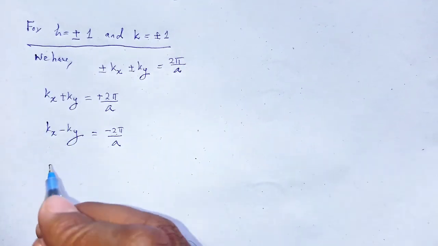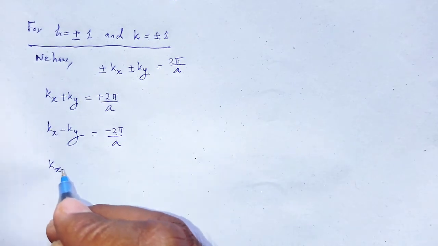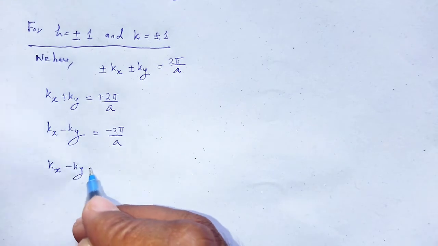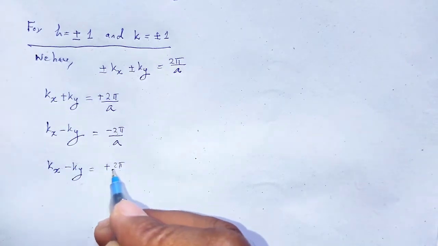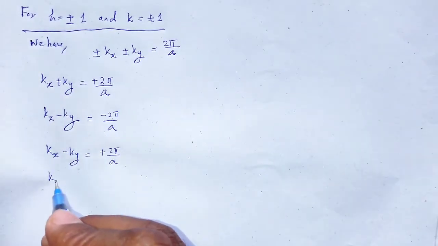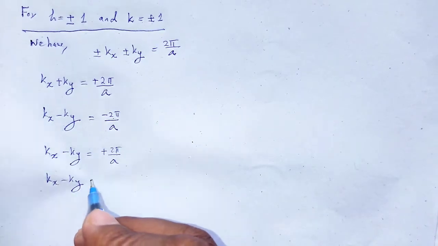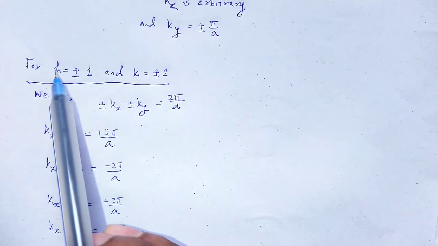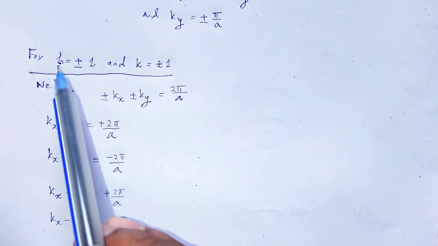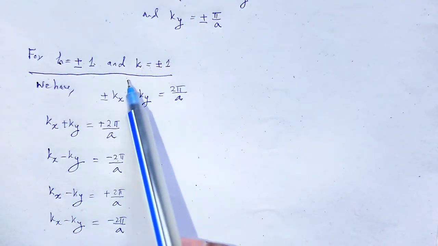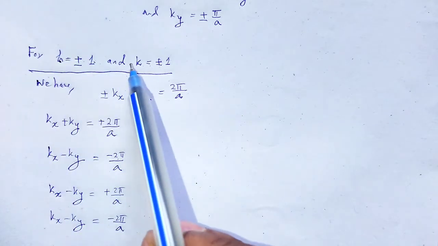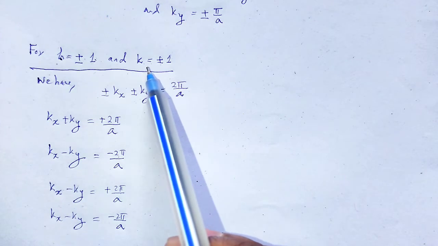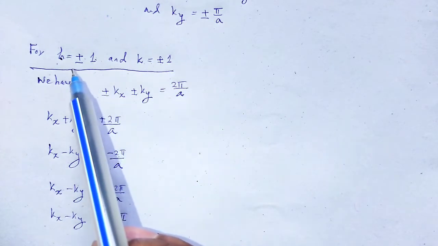Another scenario: kx minus ky is equal to plus 2 pi by a and kx minus ky is minus 2 pi by a, as h is equal to 1 and k is equal to 1, h is equal to minus 1 and k is equal to minus 1, h is equal to 1 and k is equal to minus 1, h is equal to minus 1 and k is equal to 1.